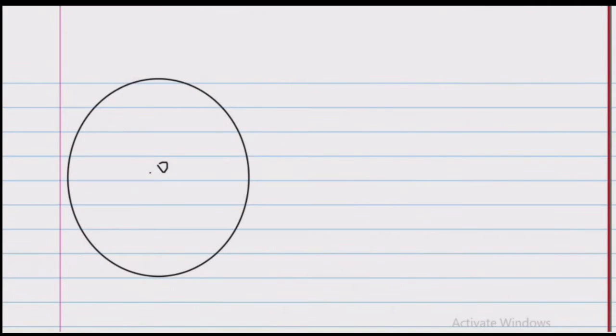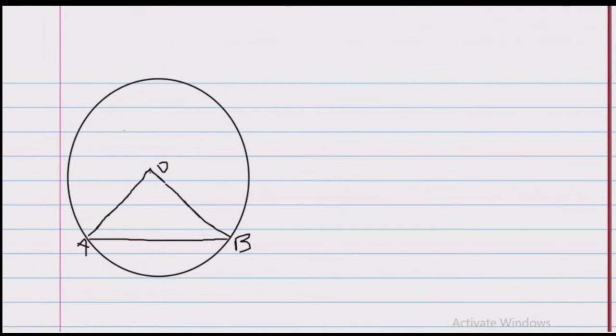and then we have, I'm gonna call this chord AB, or arc AB, and then we have two lines that are drawn there.